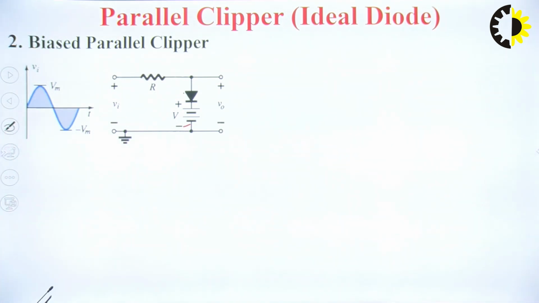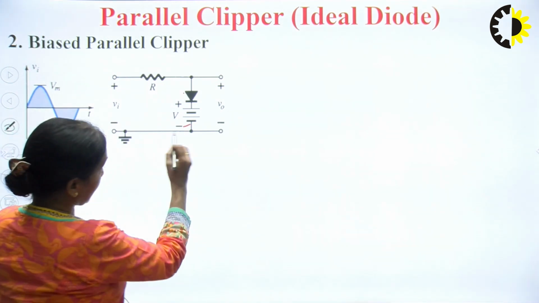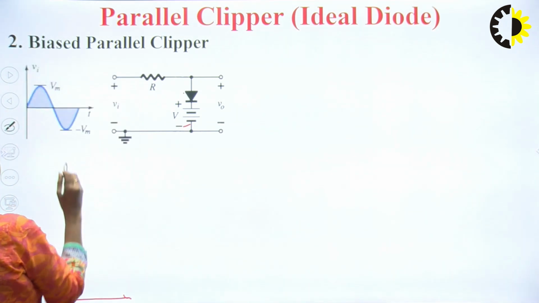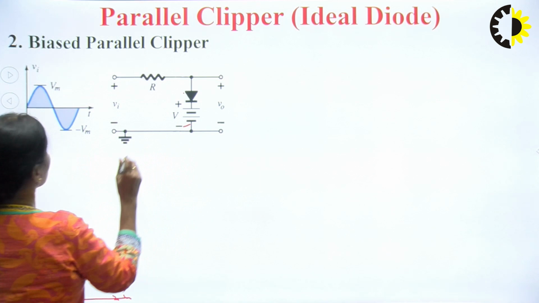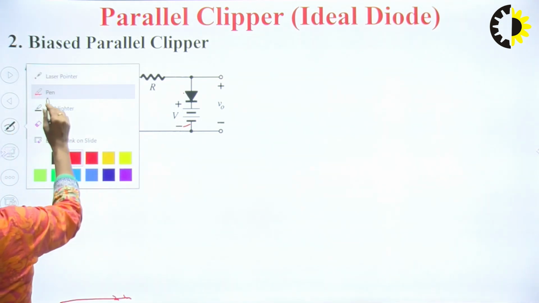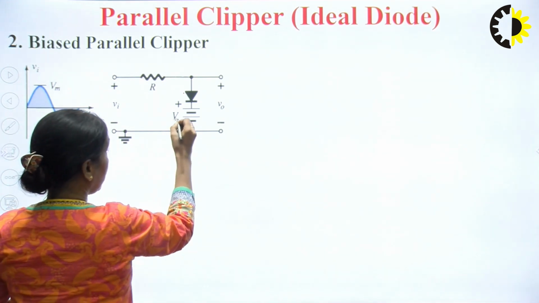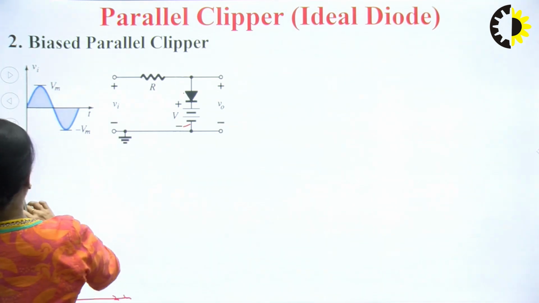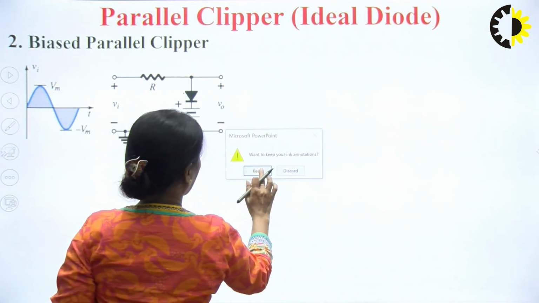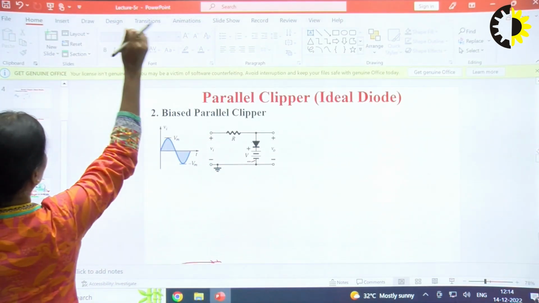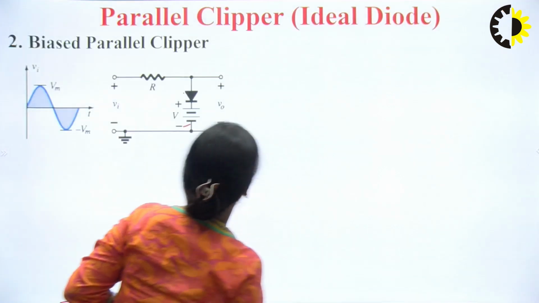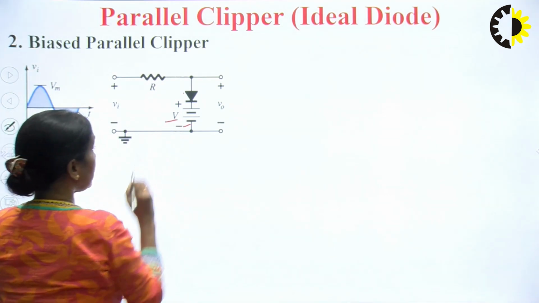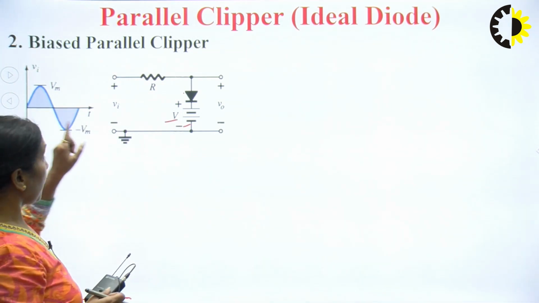For the first half cycle, initially you can see that this battery of V volts is making the diode reverse bias.